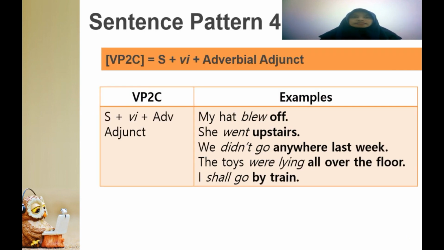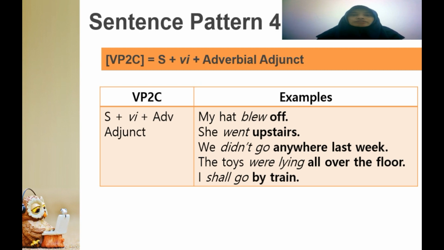Okay, and then the sentence pattern 4 or pattern 2C, the formula is subject plus verb intransitive plus adverbial adjunct. For example, my head blew off. Okay, she went upstairs. It shows the direction, yeah, upstairs.